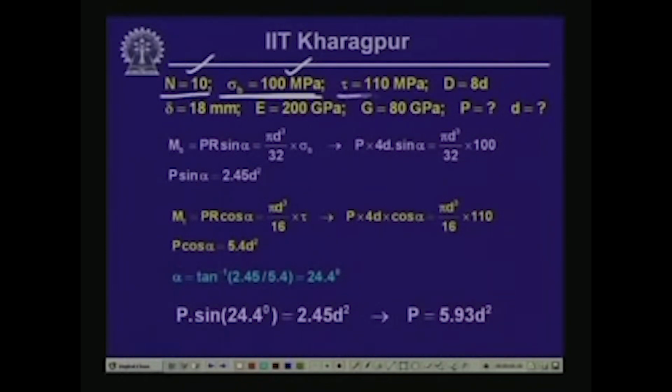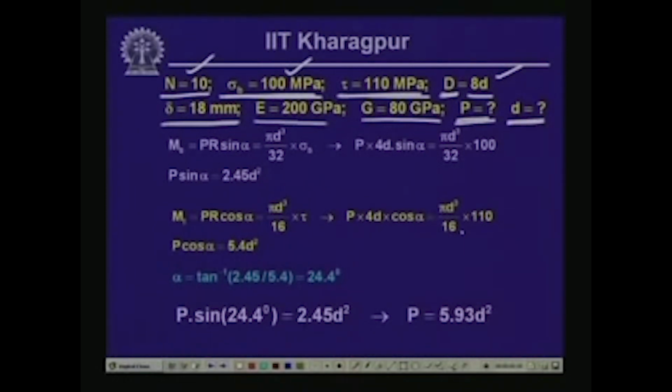The permissible shear stress because of the twisting moment is 110 megapascal, and capital D, the nominal diameter of the spring, is equal to 8 times d, and delta, the deflection, is equal to 18 millimeter. E is given as 200 GPa, G as 80 GPa. You will have to compute the values of capital P and small d.